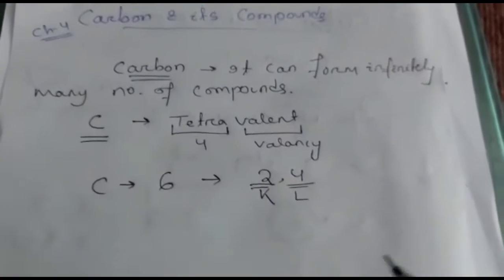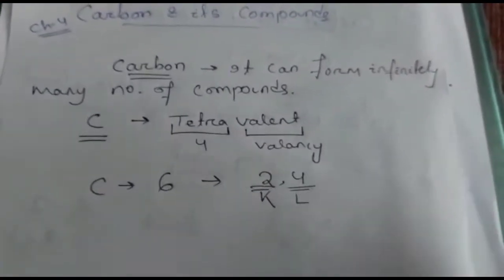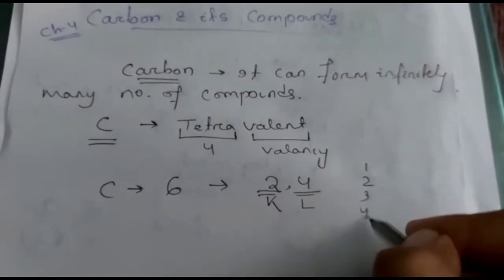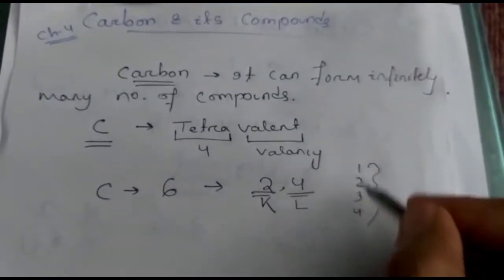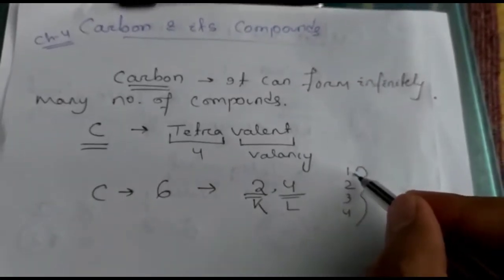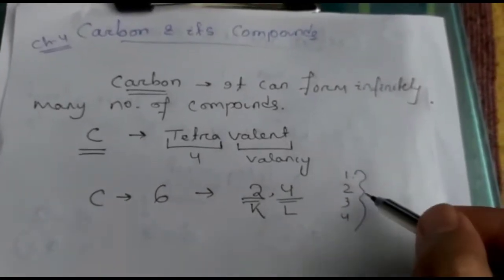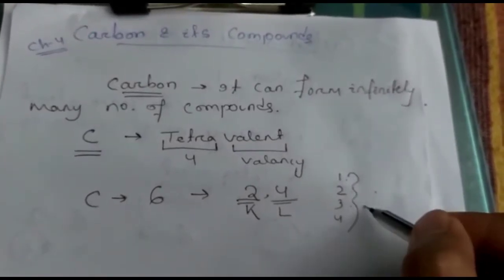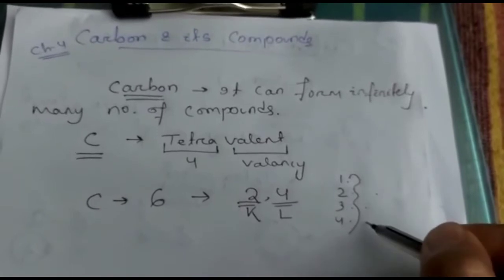Okay, now how to calculate the valency? As per the rule, if in the last cell 1, 2, 3, 4 electrons are there, then they are the direct valency. That means if 1 electron is present, then valency is 1. If 2 electrons, valency is 2. If 3 electrons, valency is 3. If 4 electrons, valency is 4.